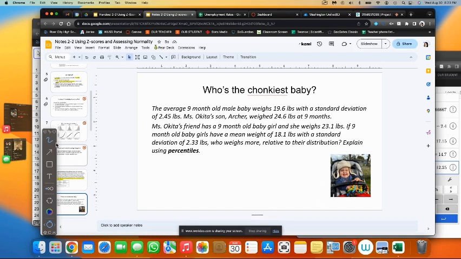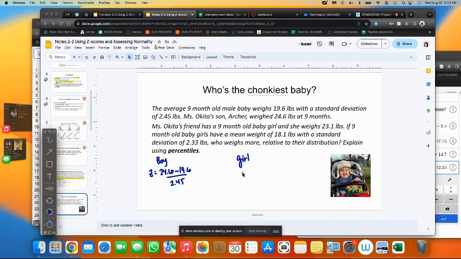So just to revisit, to do that z-score calculation, this is for the boy: 24.6 minus 19.6 divided by 2.45. And then for the girl, we did 23.1 minus 18.1 divided by 2.33.